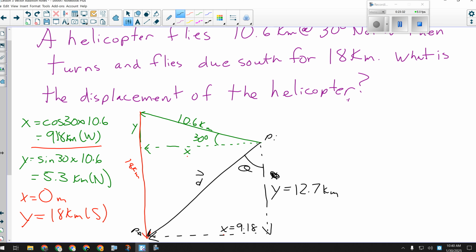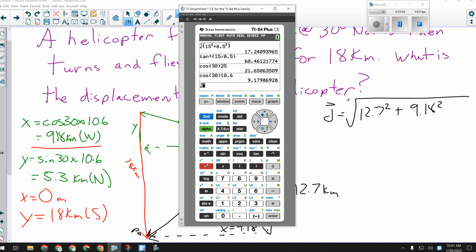I have the two sides of that triangle, so I can totally use the Pythagorean theorem to get D. So I'll take 12.7 squared plus 9.18 squared, but I'll use all the decimals from my calculator for that one. So the square root of that, all the decimals squared. All right, so the hypotenuse there, the magnitude of my overall total displacement, is 15.67 kilometers.